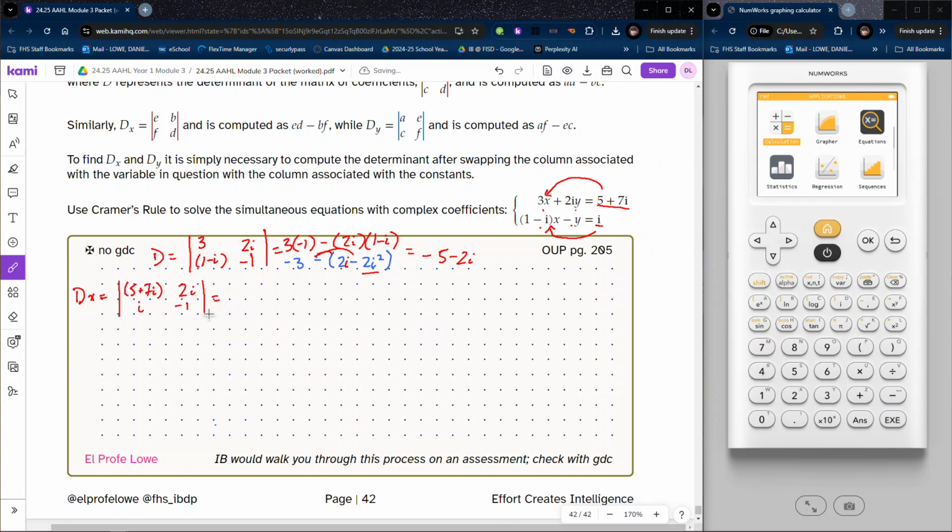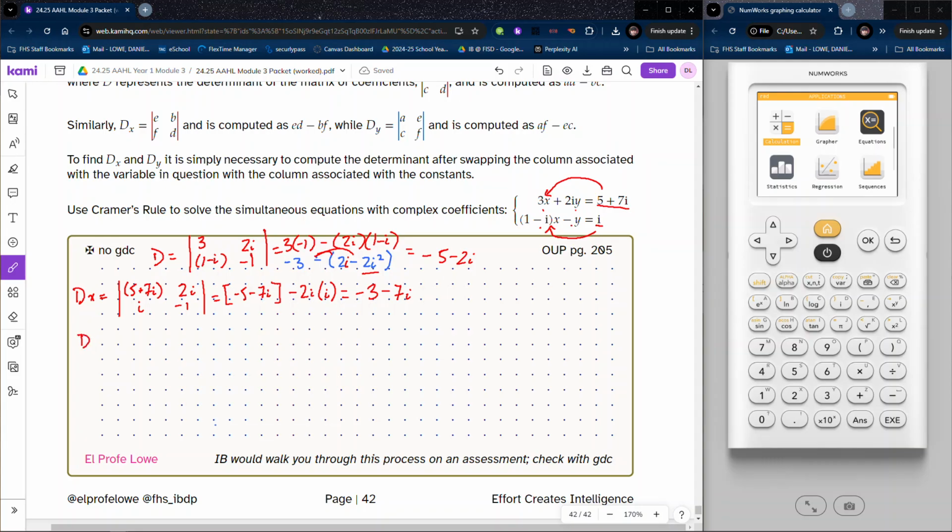So that's going to give me negative 1 times 5 plus 7i, so that's going to be negative 5 minus 7i. And then I'm going to subtract 2i times i, which is negative 2i squared, which is like positive 2. So I have negative 5 plus 2, which is negative 3, and then I have negative 7i, so negative 3 minus 7i.